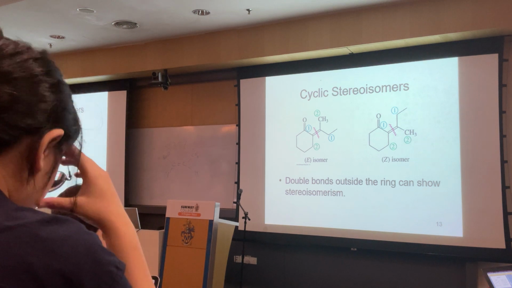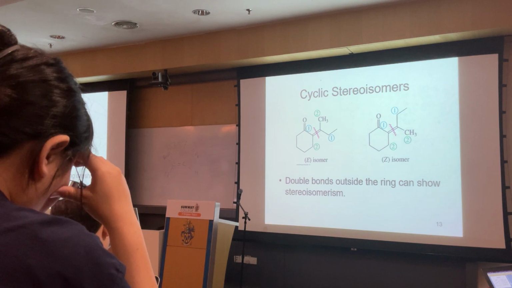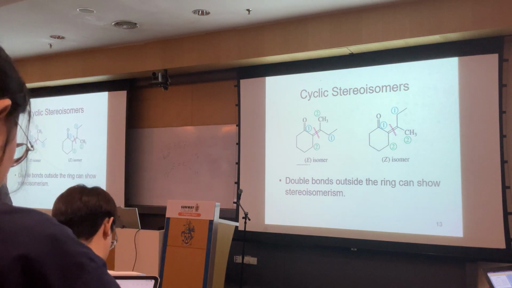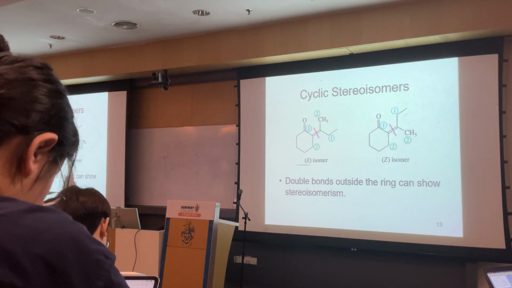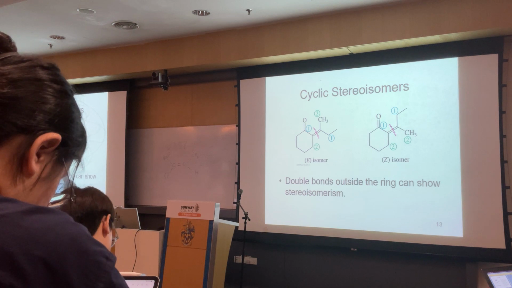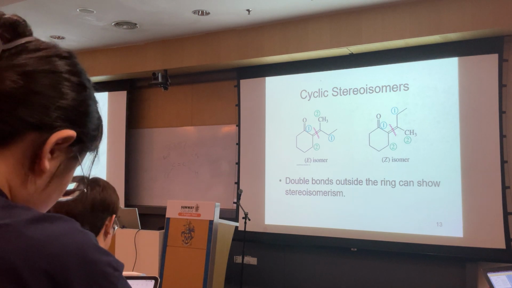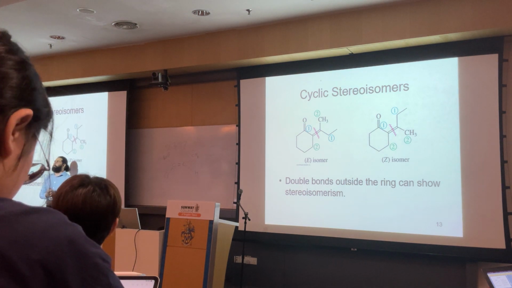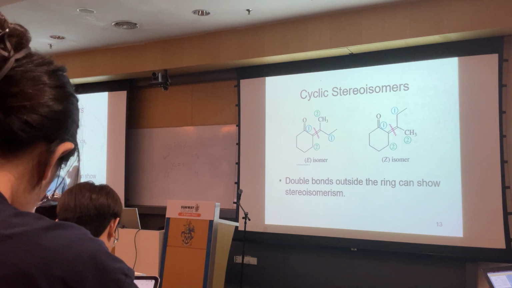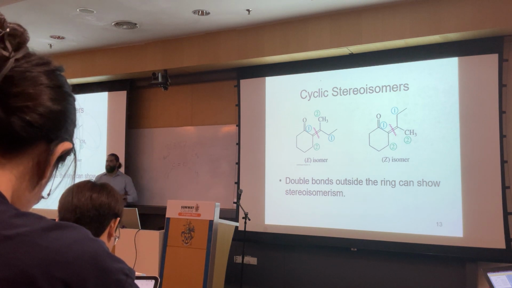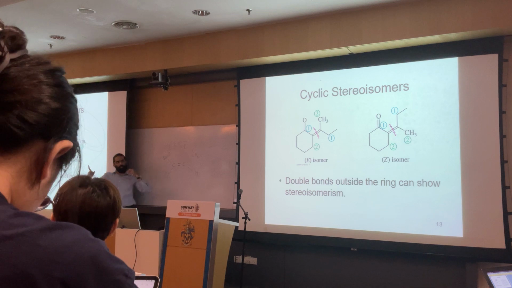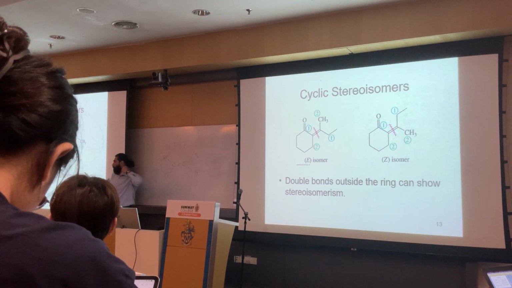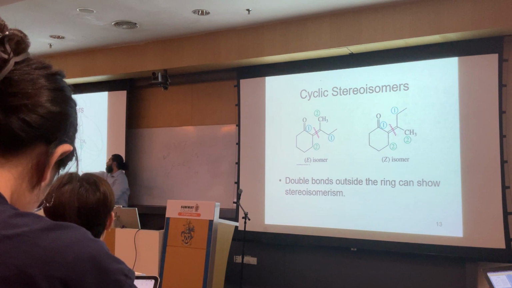So it has so many limitations. E and Z is super systematic. If we have all four different groups, then we cannot technically tell cis apart from trans.